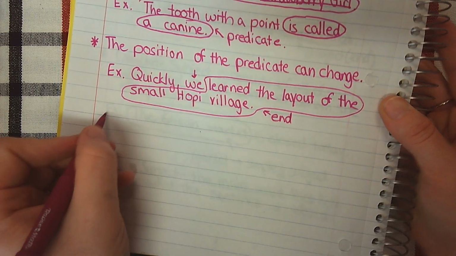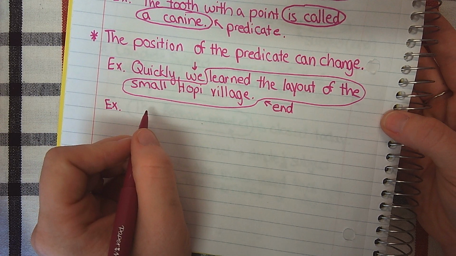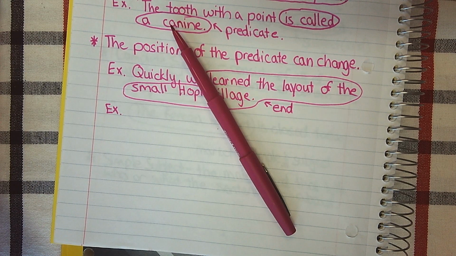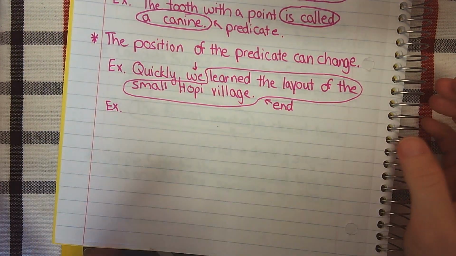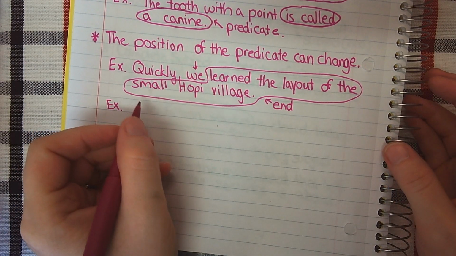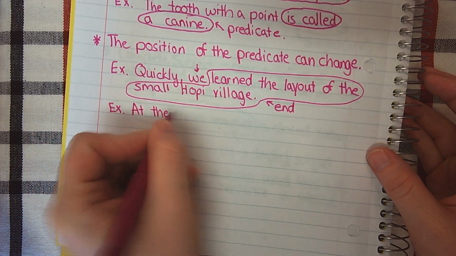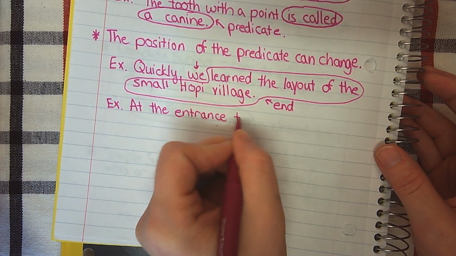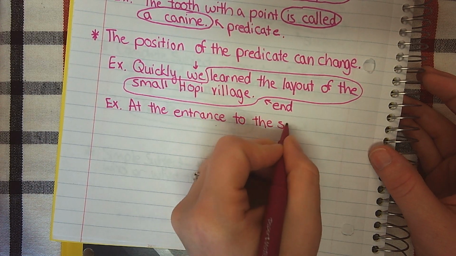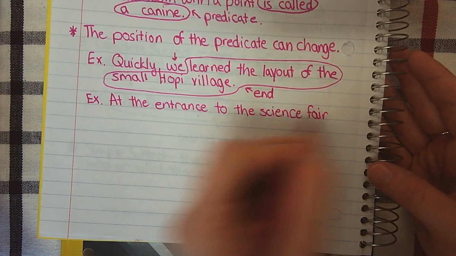Okay, let's look at the next example. At the entrance to the science fair were maps of the exhibits.